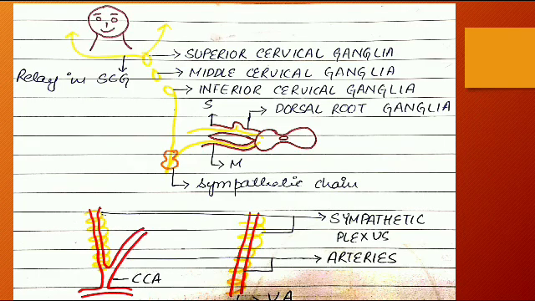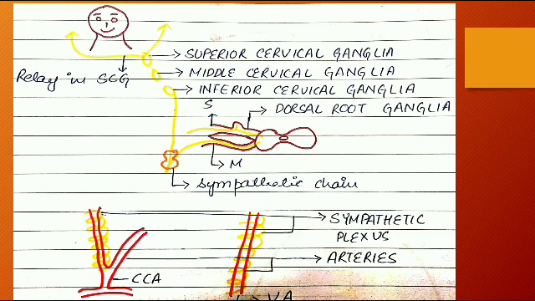Okay, so now in this diagram, you can see that this is your dorsal root ganglia. This is your sensory nerve, this is your motor nerve, this is your sympathetic chain. So the sympathetic nerves are arising from the sympathetic chain. So where was the sympathetic chain arising from? The vertebrae, that was thoracic and the lumbar, which I already told you in the previous slide.